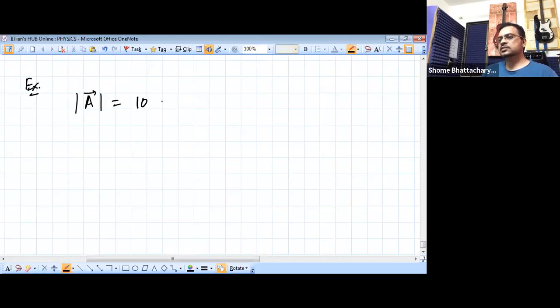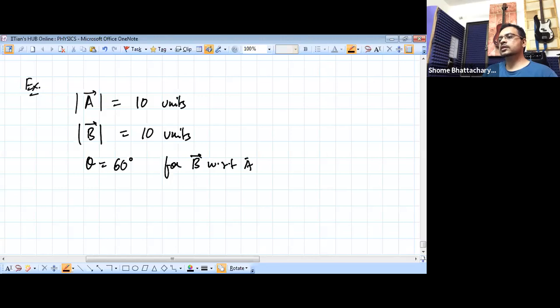Magnitude of the vector A is 10 units. Magnitude of the vector B is also 10 units. Okay. And the angle theta is 60 degrees, for the vector B with respect to vector A.